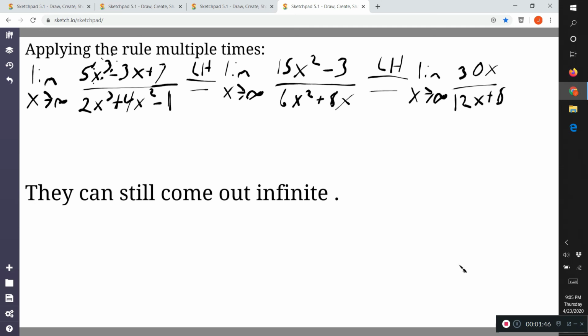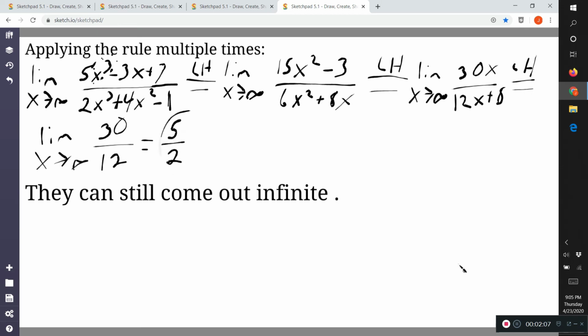Still would get infinity over infinity. Apply it yet again. We'll get 30 over 12. So it doesn't have any x's anymore. We can just reduce the fraction 30 over 12, which comes out to be 5 over 2. And if you remember, the trick is if you take the lead coefficients and make a fraction, that's going to be your limit. That's kind of where that trick comes from.